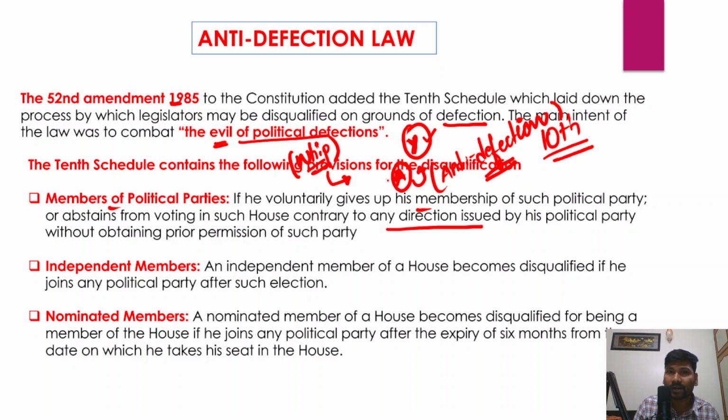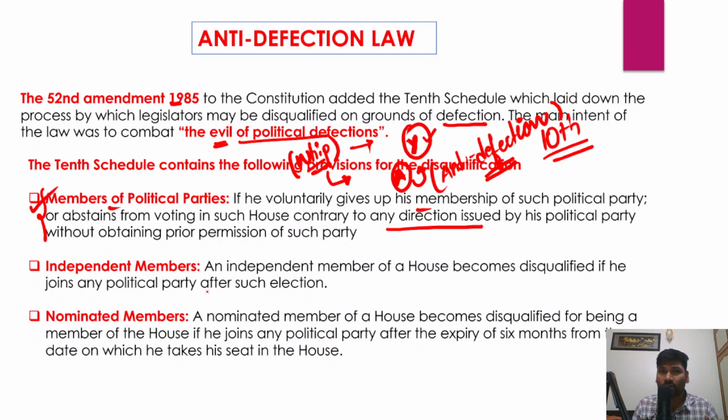So in case member A abstains from voting, or casts his vote contrary to the whip issued by political party Y, then also member A will be disqualified under the anti-defection law, right? I hope you have understood this first provision of the anti-defection law, on which grounds a member of the state legislature or a member of Parliament can be disqualified, and this could be the first ground.